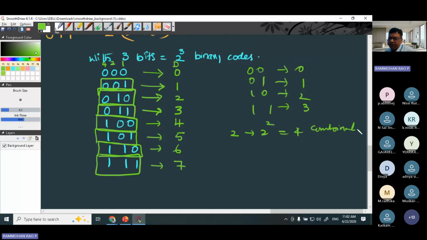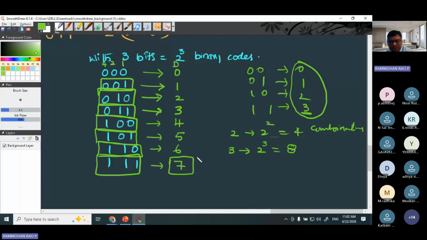But when you converted them into decimal, what is the biggest number you could represent with 2 bits? 3. Right? And with 3 bits, we get 2 power 3 combinations, 8 different binary codes. But what is the biggest value I got?